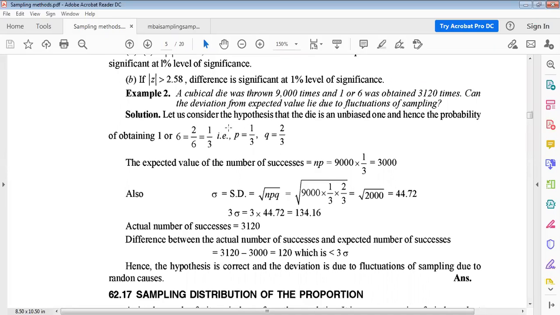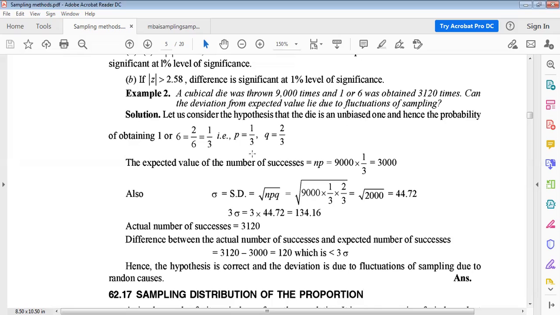Now let us consider the hypothesis that the die is unbiased. Hence the probability of obtaining 1 or 6 will be favorable cases divided by total cases. In one die, how many total outcomes? 6. And favorable, 1 or 6, means 2. This is why the probability of obtaining 1 or 6 will be 2 divided by 6, which equals 1 by 3.